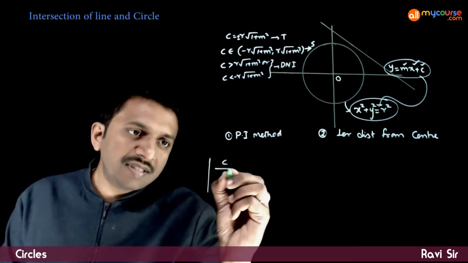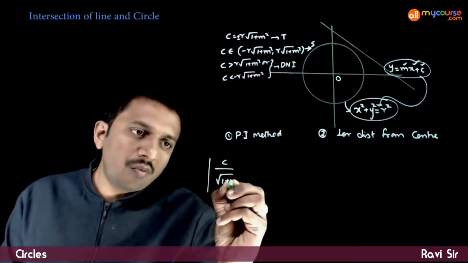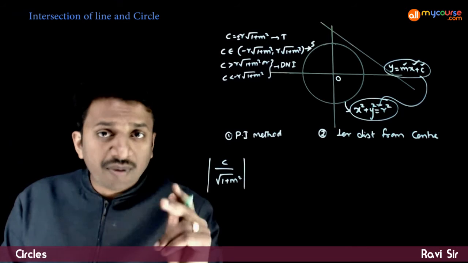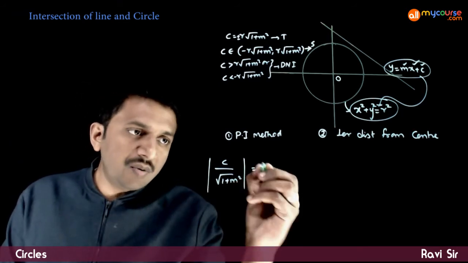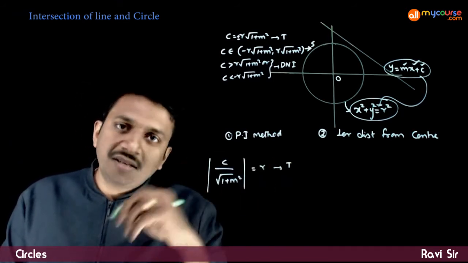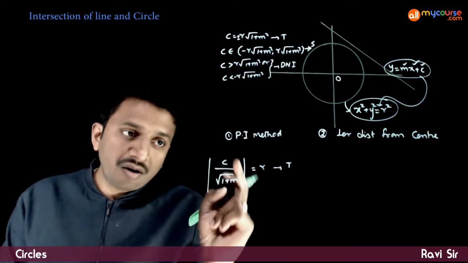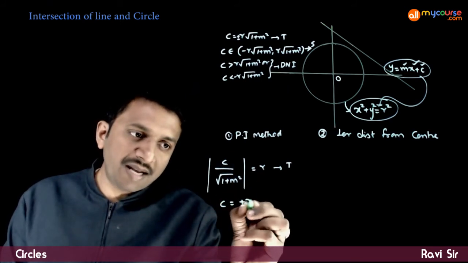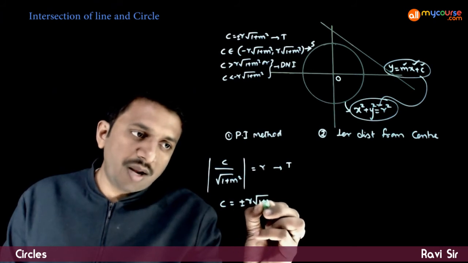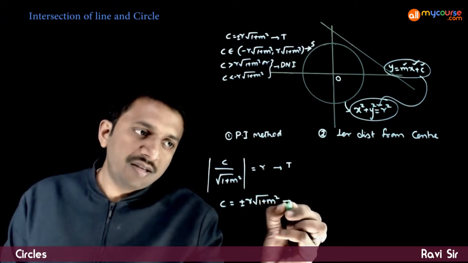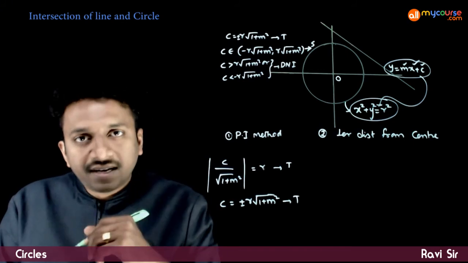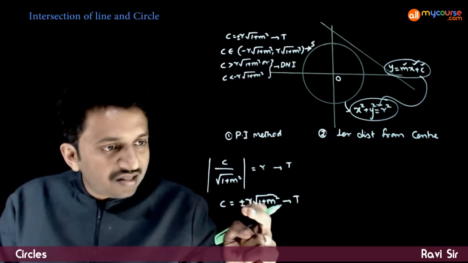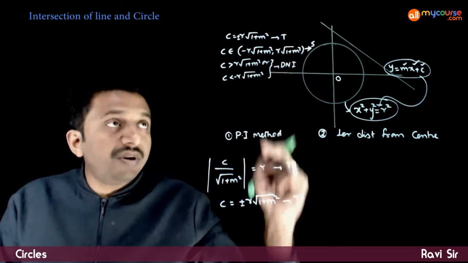Mod of c by root of 1 plus m square is the perpendicular distance, is equal to r, implies tangent. So c is equal to plus or minus r root 1 plus m square. This is the condition for tangent. You can see that you got the exact same condition by the previous method also.